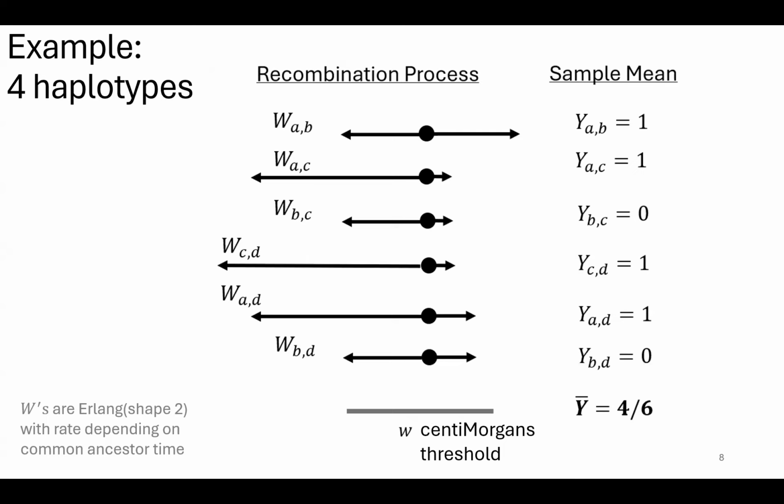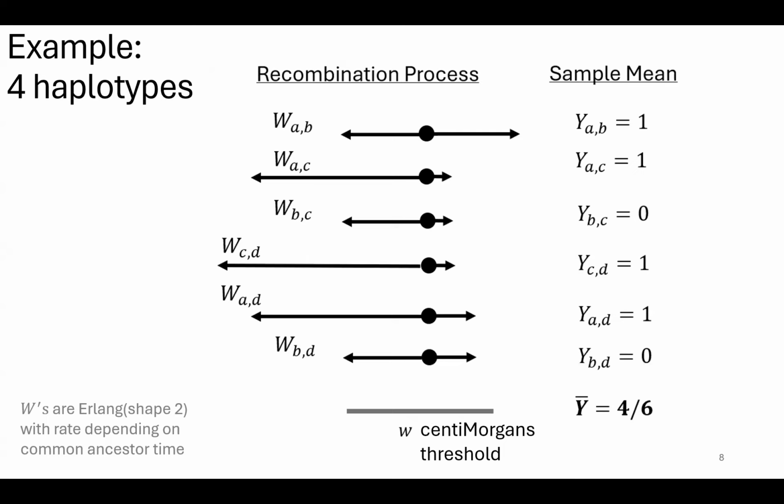Here I'm using this unit, which I call W centimorgans. The morgan is the distance between 2 points on the genome for which we expect to see one recombination event in one offspring gamete.